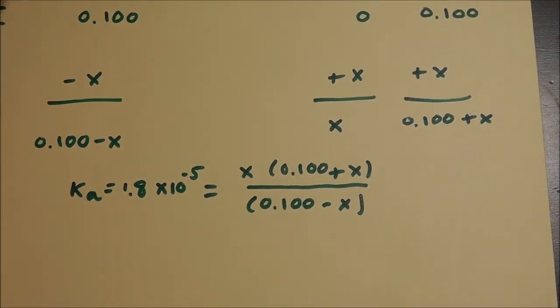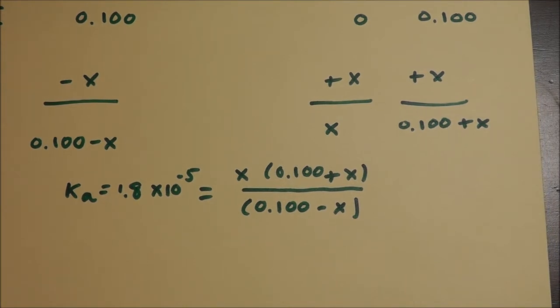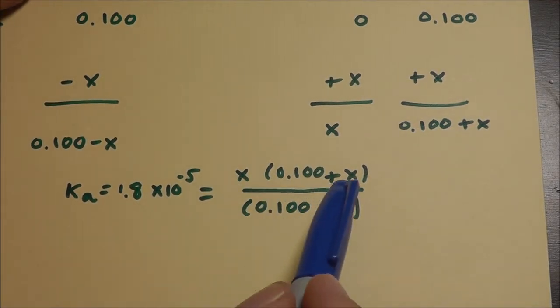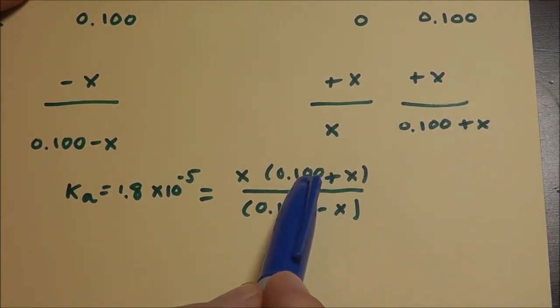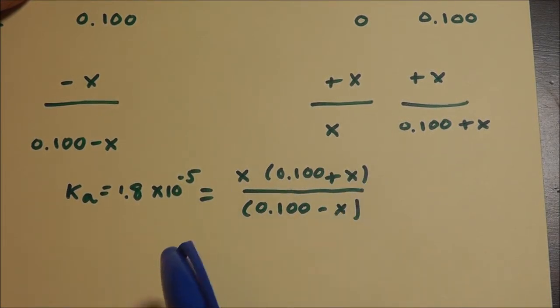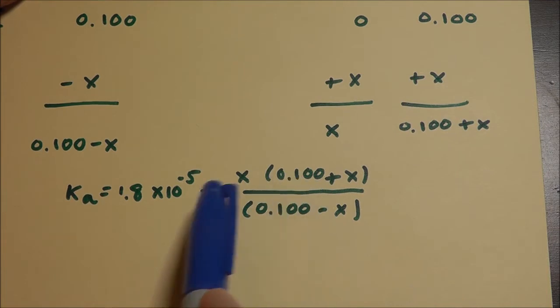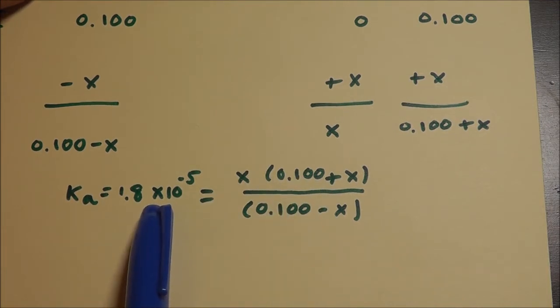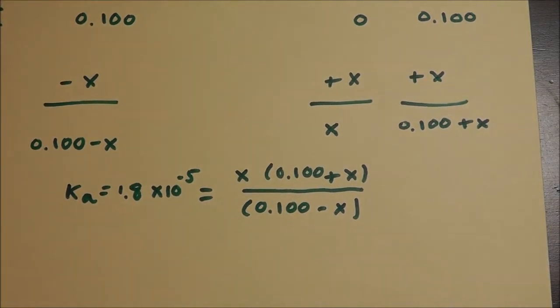Nope, nope. Remember the small x approximation, the 100 times rule, whatever way you want to look at it. The x next to that 0.1 and the x next to that 0.1, it doesn't matter if it's adding or subtracting. If that's 100 times greater than Ka, the 100 times rule can be invoked and we can get rid of the x, and boy is that going to make things easy for us.